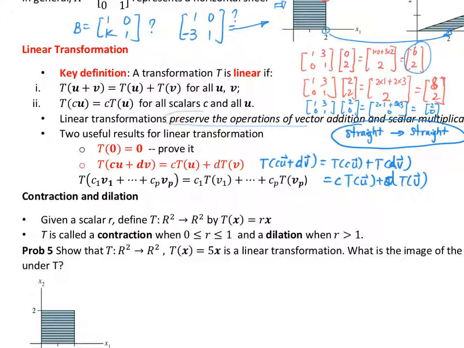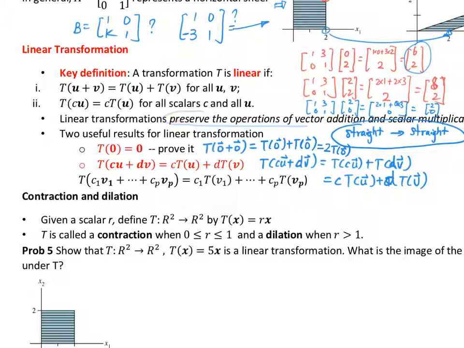And the first result, T of 0 is equal to 0, can be proved by using the fact that 0 means 0 plus 0. According to the first property, we can distribute the T, and this is equal to 2 times T of 0.